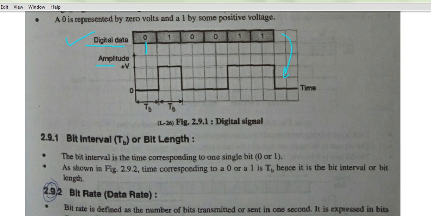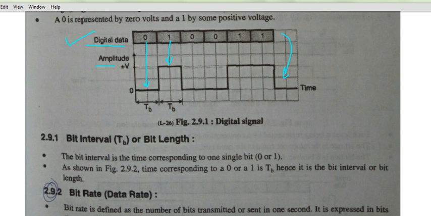So 0 can be represented as a T off, okay, means flat, and then 1 can be represented as a high, means T on. Okay, so in that way we can represent this digital data into the digital signal. Okay, so this digital signal or digital data has some parameters.